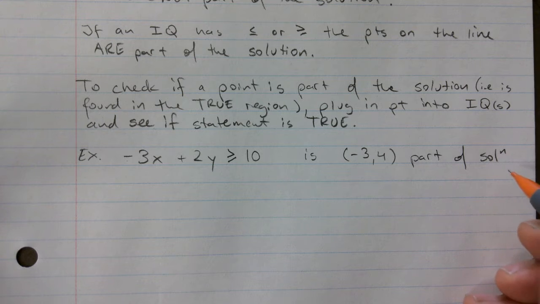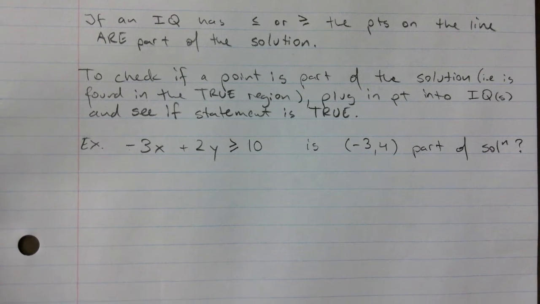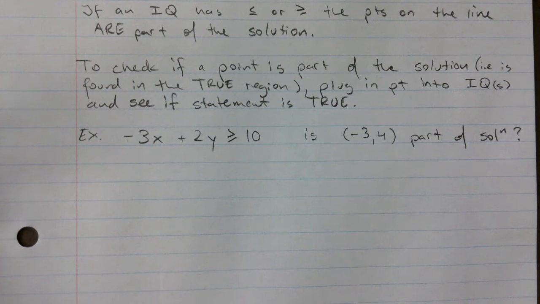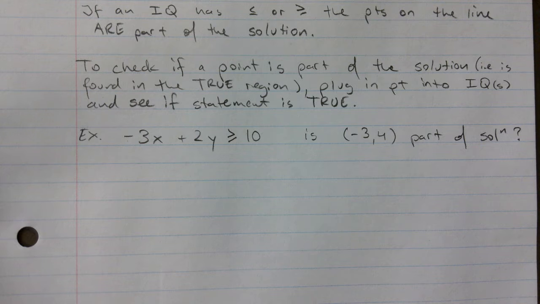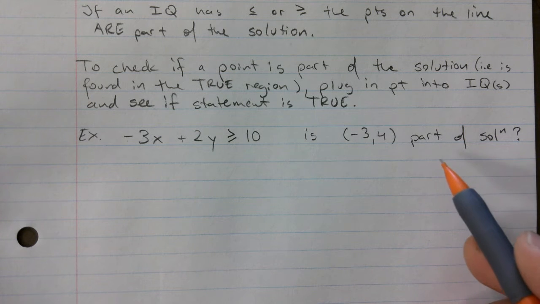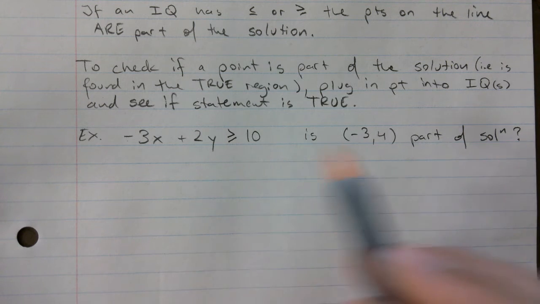That's just a short way of writing solution. So you're given an inequality, hey, would that be a solution? Because remember, with an inequality, you don't have just one solution, right? You have a bunch of solutions, it's all the shaded region. So let's see if this were to work.